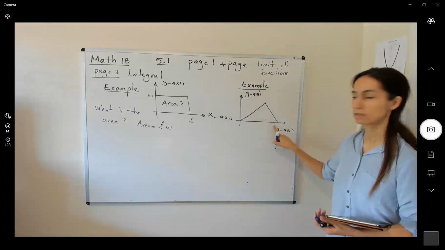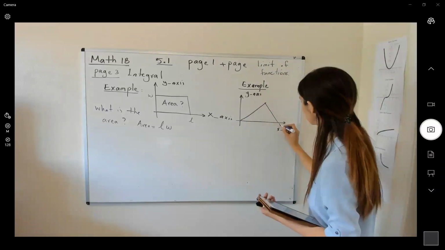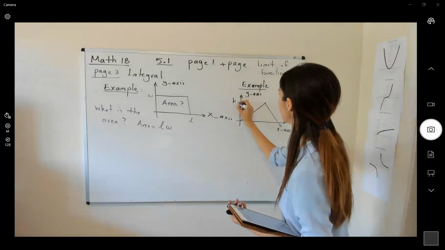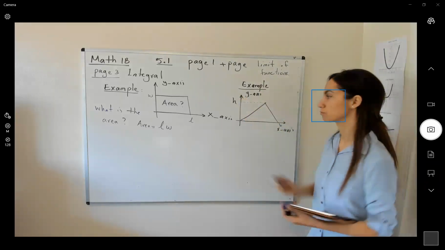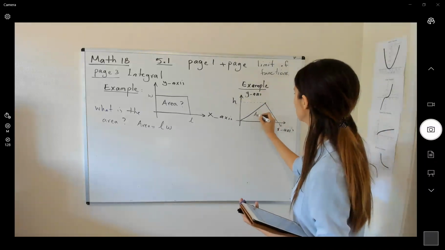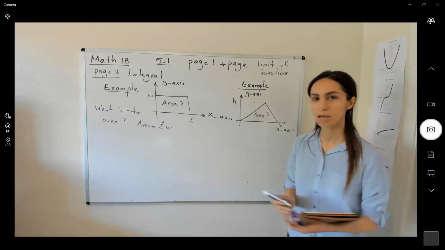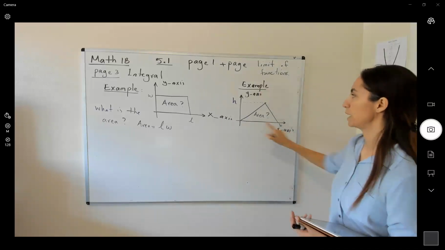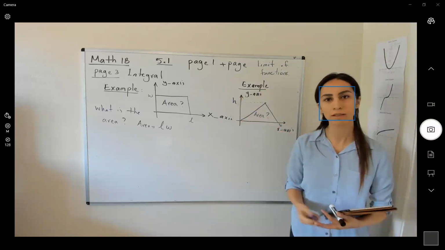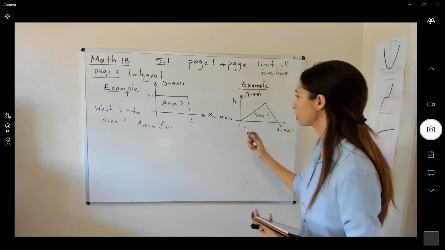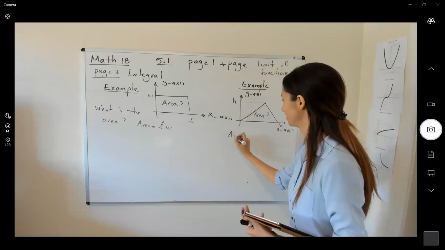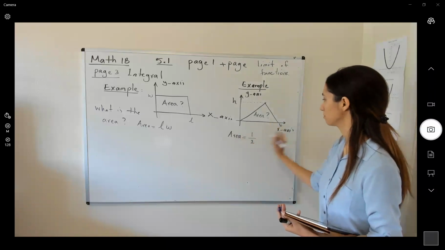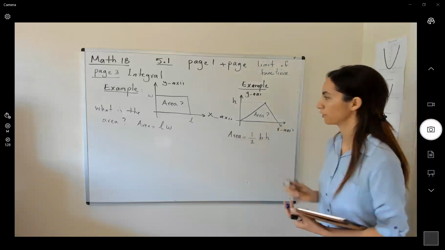The base is measured at B, and suppose the height is also given on the y-axis, which is h. What is this area? How do you find the area? As long as you have your base and your height, the area is easy. Area is equal to a half base times height.